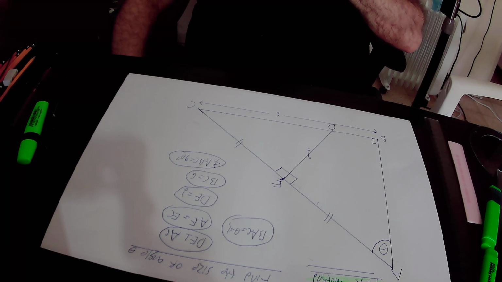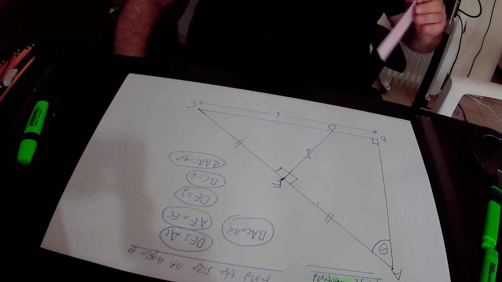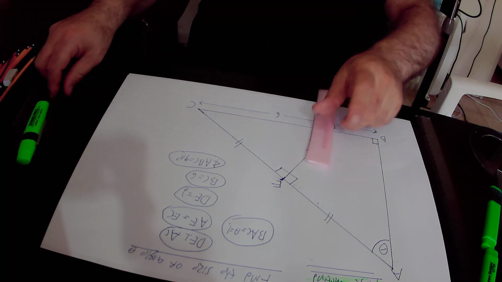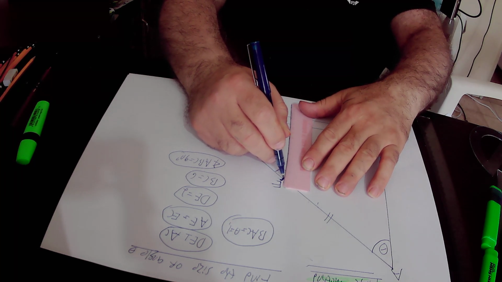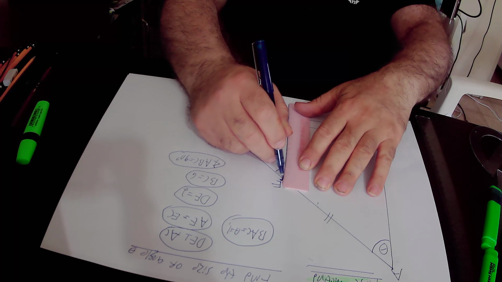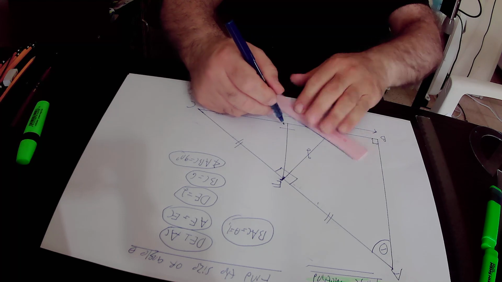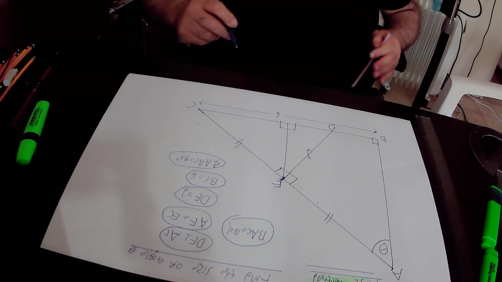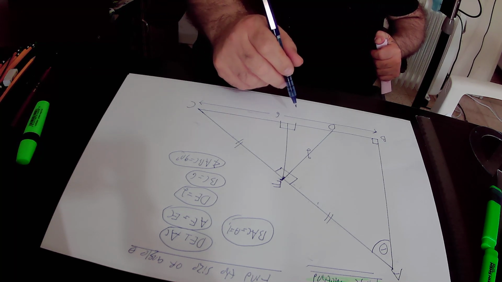So first of all, we will draw a perpendicular from point E on BC. So this angle equals 90 degrees, and this angle will also equal 90 degrees according to our construction. We've defined the touching point of the perpendicular from point E and BC as F.